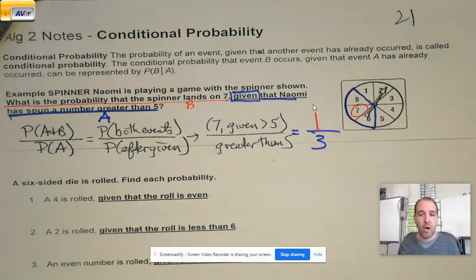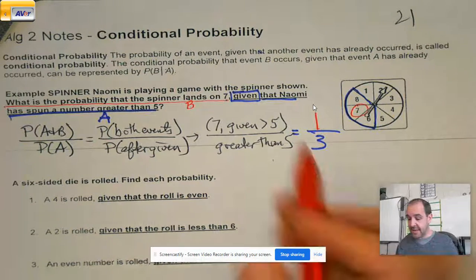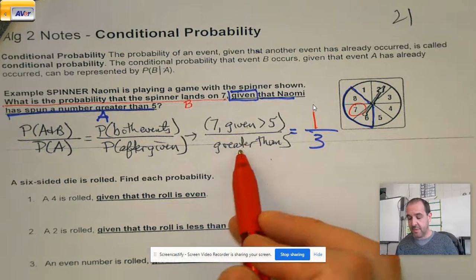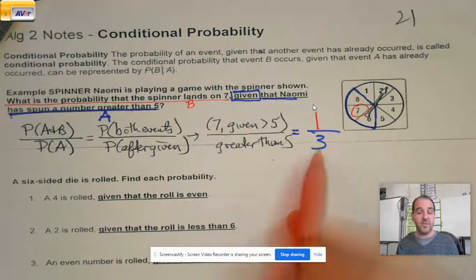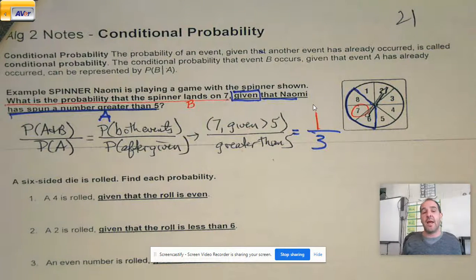That's it, okay? This is going to be a more specific event. This is going to be more general. The bigger value is going to be on the bottom because we know with probability, my answer's got to be between 0 and 1, and 1/3 is between 0 and 1. It's always weird the first couple of questions, but then you start looking on where to get your numbers and your answers, and it does simplify quite a bit.